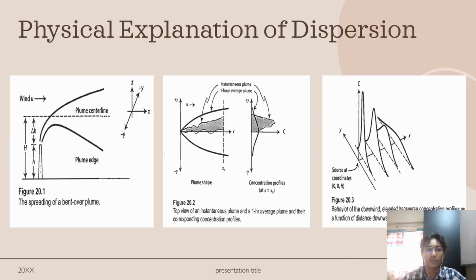Shown here are the figures representing the ideal physical dispersion model for any pollutants and gas, where we have figure 20.1, which is the spreading of a bent-over plume. Figure 20.2 describes the top view of an instantaneous plume and a 1-hour average plume and the corresponding concentration profiles. And lastly, we have figure 20.3, which is the behavior of the downwind elevated transverse concentration profile as a function of distance downwind.